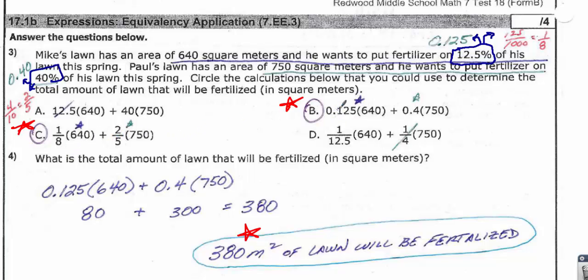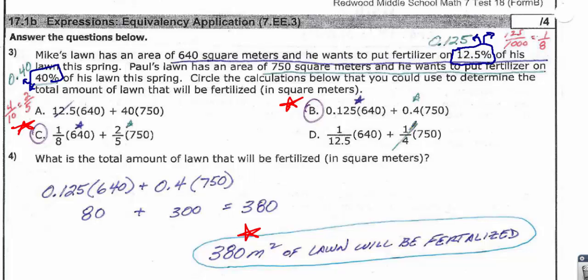So 0.125 times 640, yep, 0.125 right up here, times 640. 0.4, yep, 0.4 times 750. So B works. C also, the fraction form, those both work. A does not, 12.5 has to be 0.125, so that's why that doesn't work.